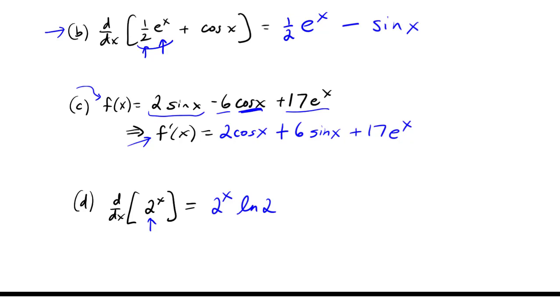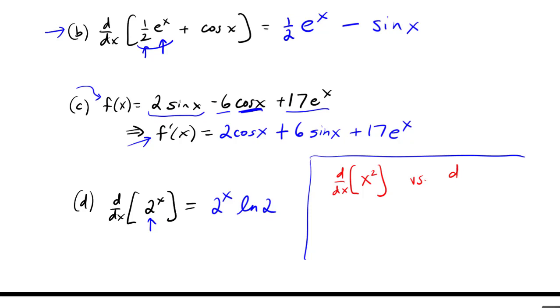All right. This is a good place to make a very important point. Okay, the difference between the derivative of x squared and the derivative of 2 to the x. This is why it's important to notice the difference in types of functions. This is a power here. It's a power of x. X is in the base and the number's in the exponent. This is an exponential.